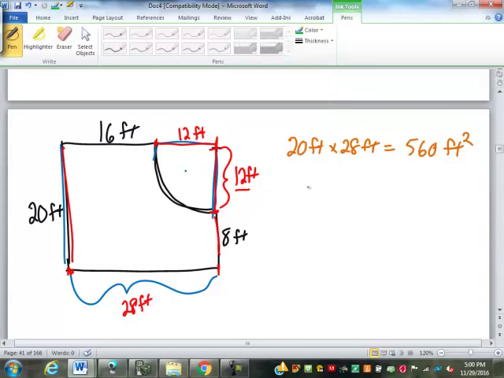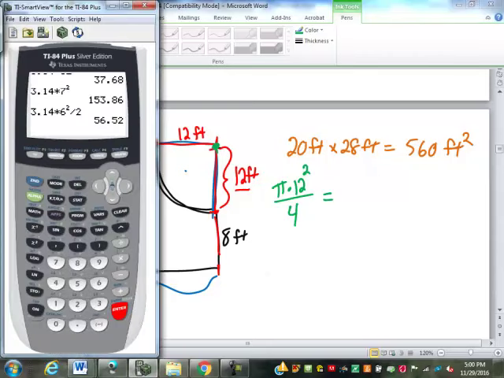My quarter circle is pi times 12 squared. That is the radius. It goes from the center out. But I'm going to divide it by 4 because it's only a quarter circle, which is going to give us, what, 113.04?